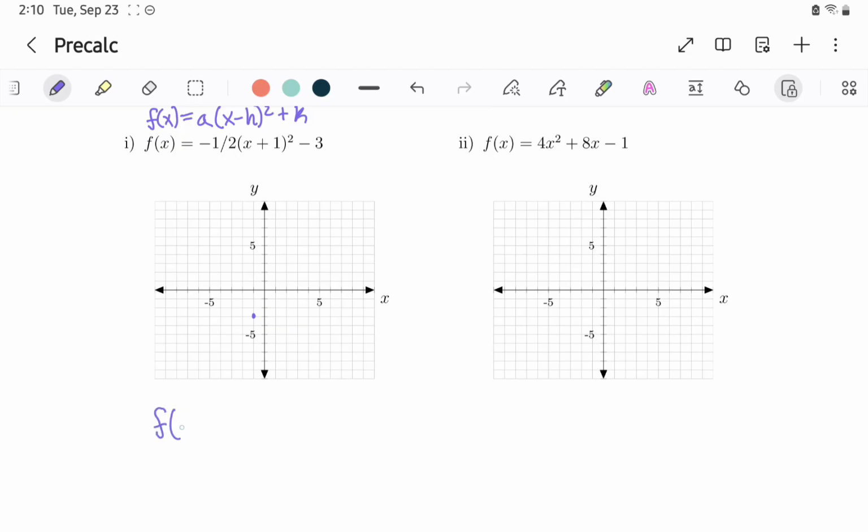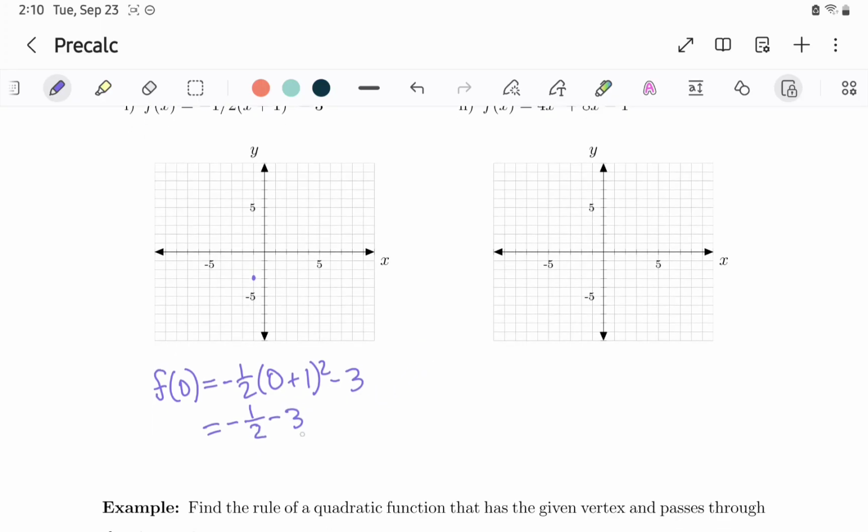So f of 0 is equal to -1/2 times (0 plus 1) squared, and then -3. And so this is going to be equal to, well, we'll have 1 squared, which is going to be 1, then times -1/2 is going to be -1/2, and then -3.